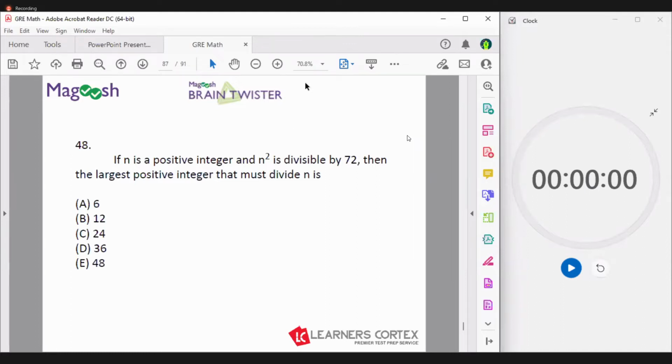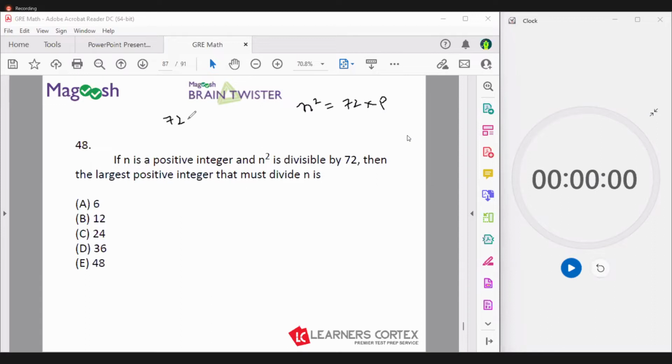Yes, sir. So what I did was I wrote n square as 72 into some number p. Okay, so n square equals 72 into p. And then I just divided 72 into its prime factors.